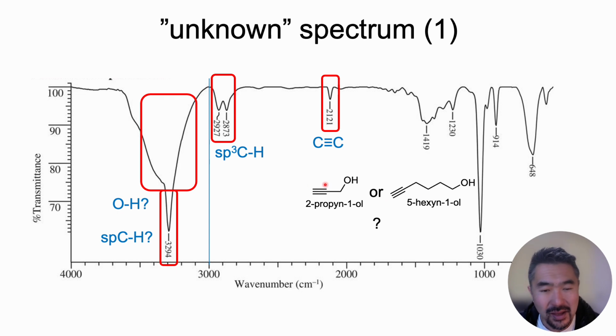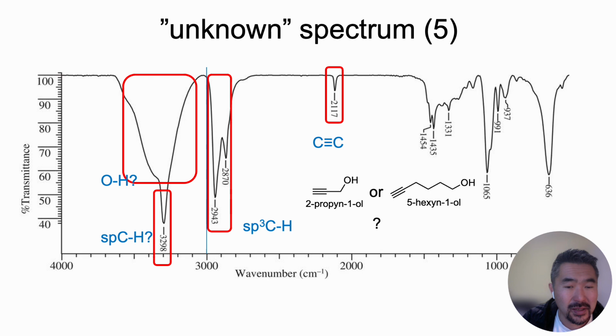Both of them have a terminal alkyne and an alcohol on the other end of the chain. The only difference is the methylene chain length. These two you really can't distinguish by IR because they both have the exact same functional groups. If you need to distinguish these two, you're going to have to do other analyses like mass spectrometry or NMR spectroscopy. That's the point we wanted to make with these two spectra.